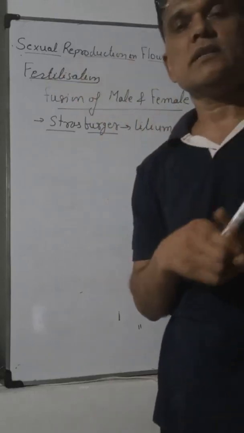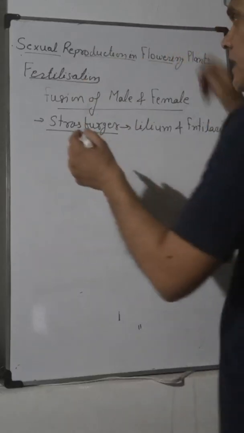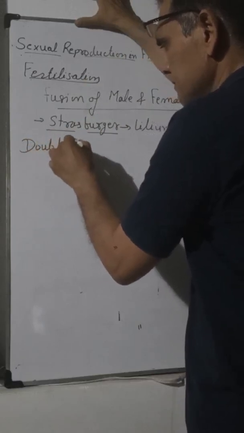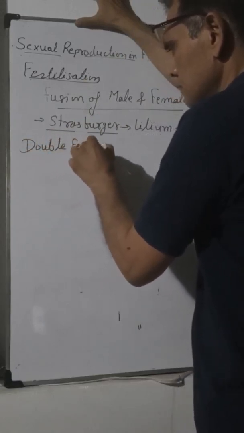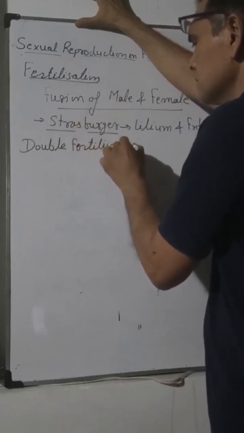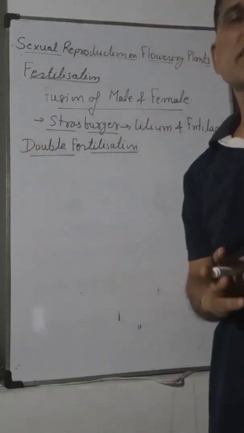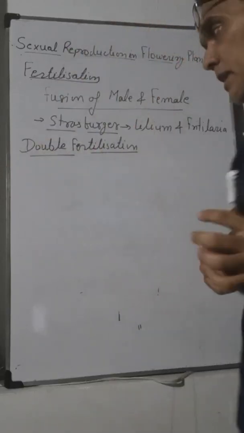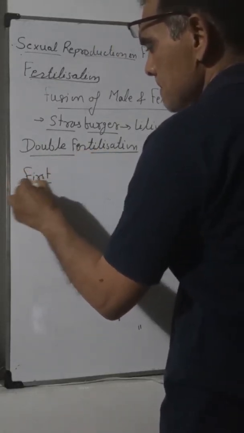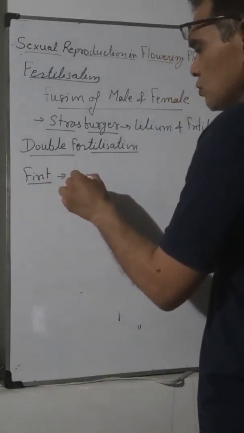But in angiosperms, the flowering plants, double fertilization is there. Double fertilization means two times of fertilization is there. The first fertilization has two steps.